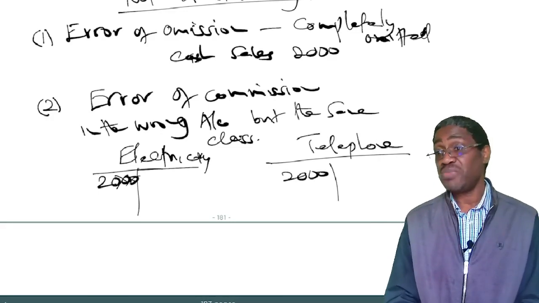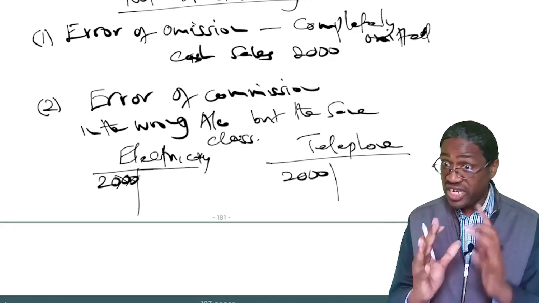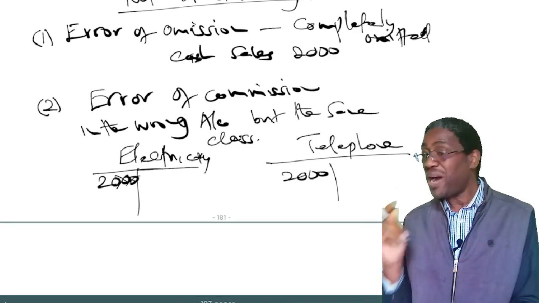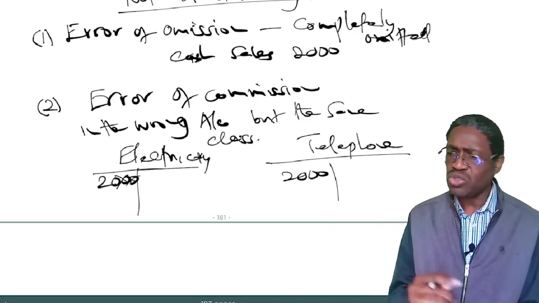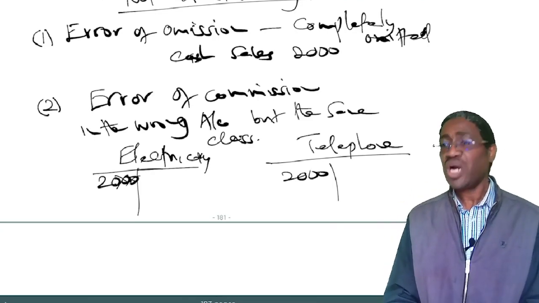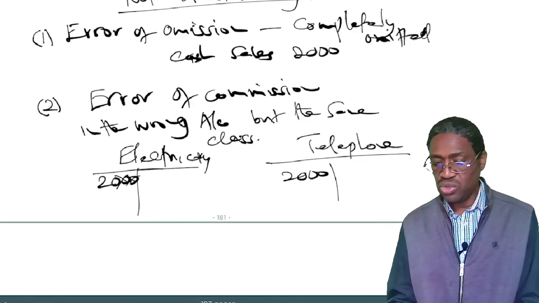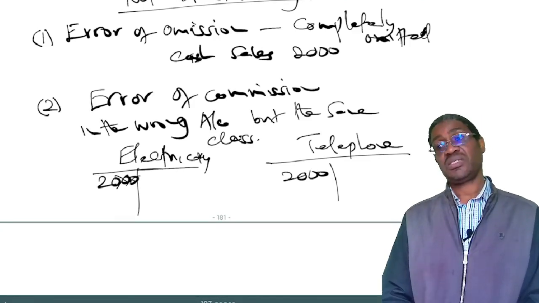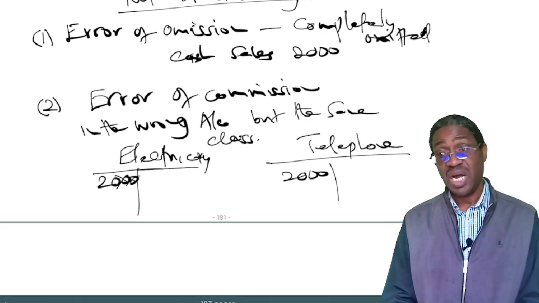Will the trial balance balance? You paid electricity by cash. Of course, cash was credited. But instead of debiting the account of electricity, your company debited the account of telephone. Will your account still balance?